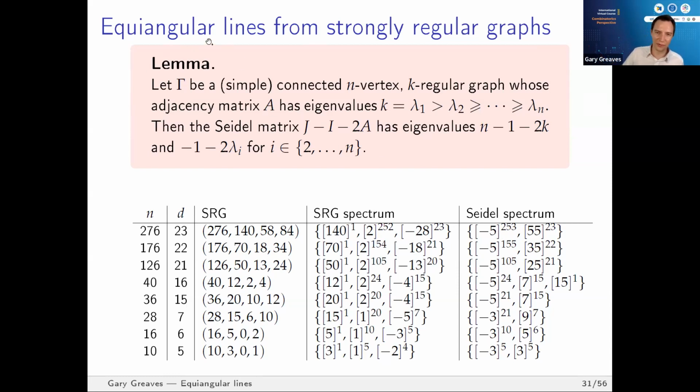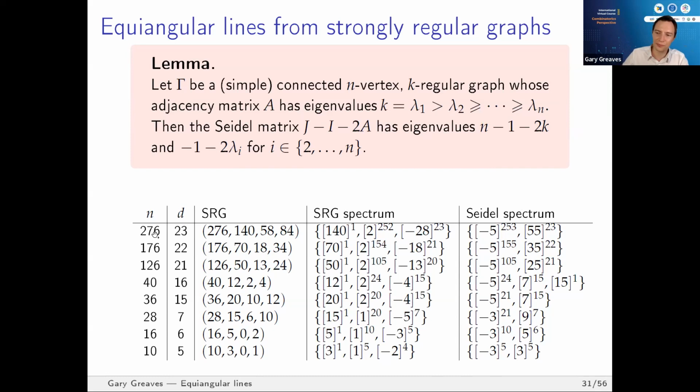So if we want to get it from a graph, and the graph is regular, we want the eigenvalues of the graph to have high multiplicity. You can typically do that if you don't have many eigenvalues in your graph. Here I've got a table of constructions of equiangular lines that correspond to strongly regular graphs. It means if you have a strongly regular graph, you take the corresponding Seidel matrix, what spectrum do you get?